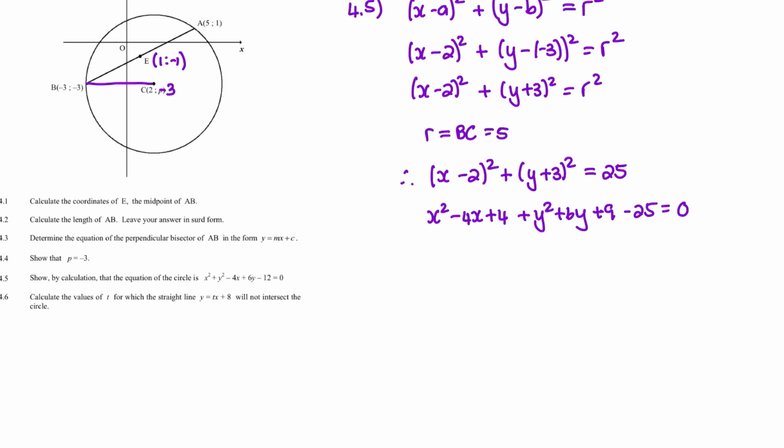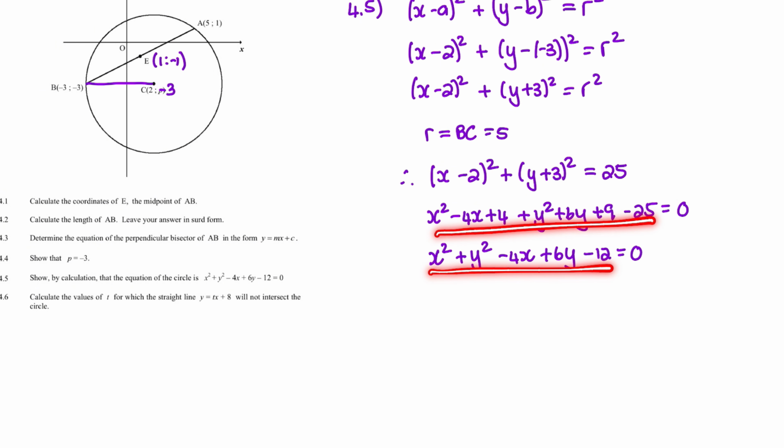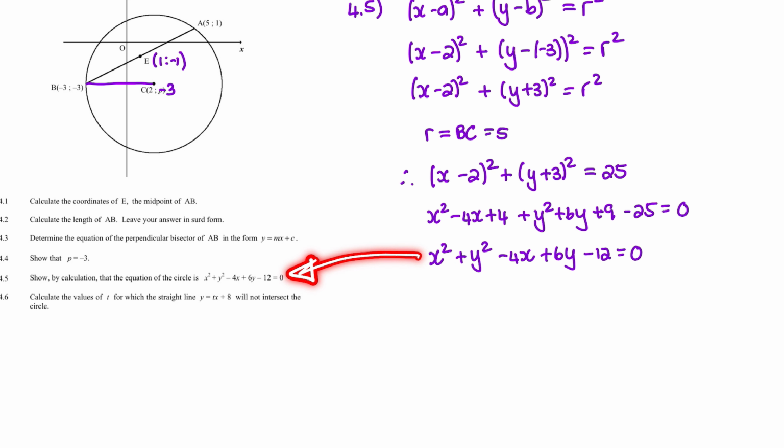And when I add like terms together, I have x squared plus y squared minus 4x plus 6y minus 12. So what I've done is I added 4 and 9, and subtracted 25 to get to negative 12. And I rearranged the equation to look like the equation in the question.